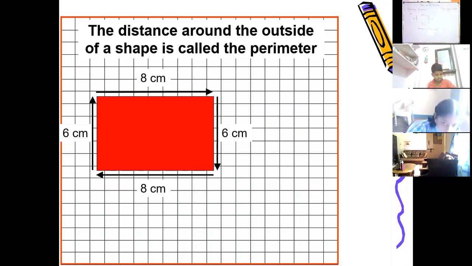Okay, so you have to draw a rectangle. No need to be exact, but draw a rough rectangle. Write 8 and 6.